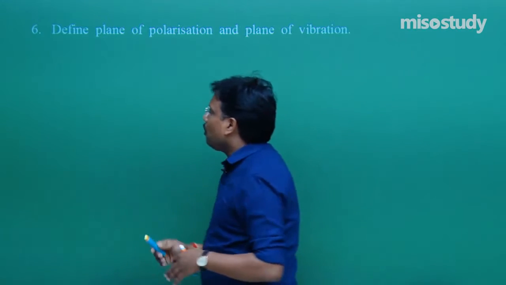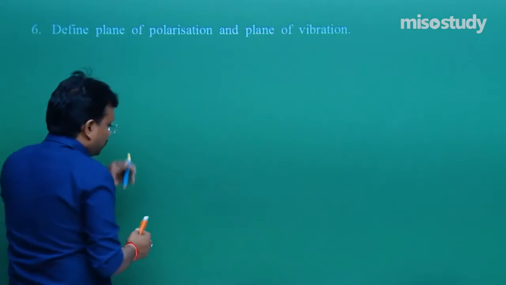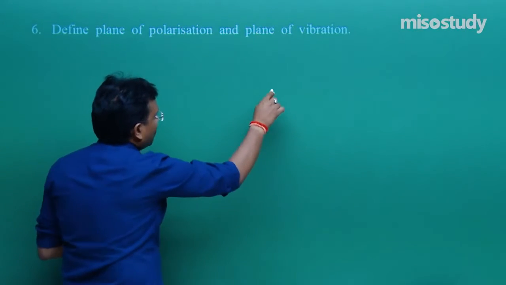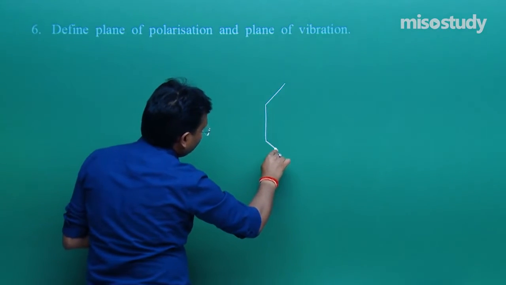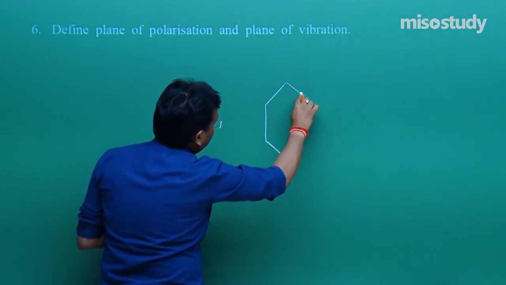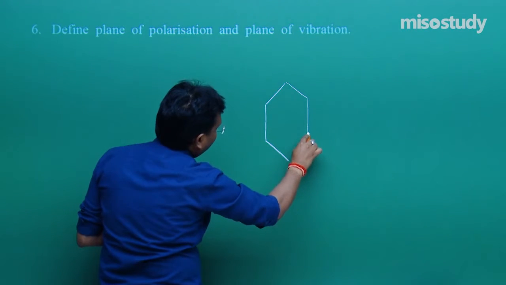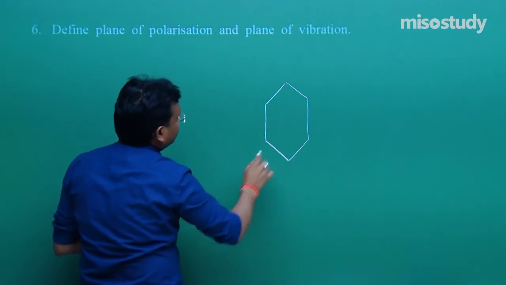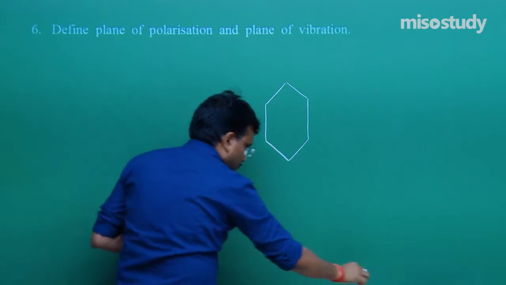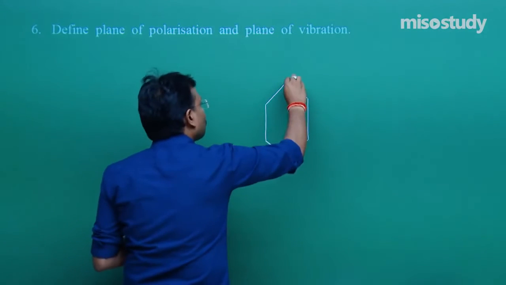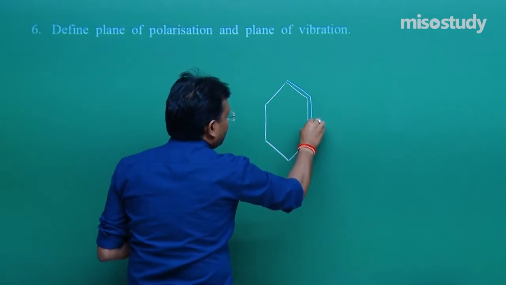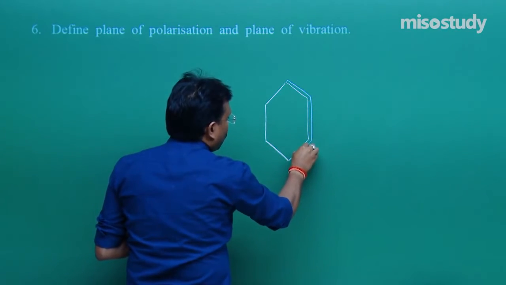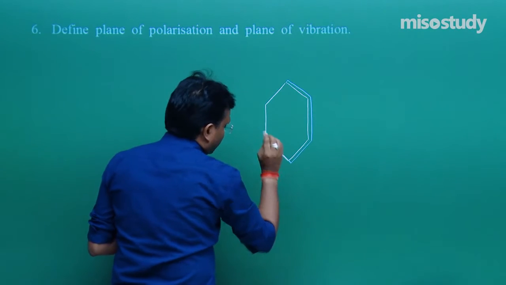But because this question is in the 3 marks category, I want to create a diagram also. How? That I am telling you. So, this way you can supplement your answer with a simple diagram.